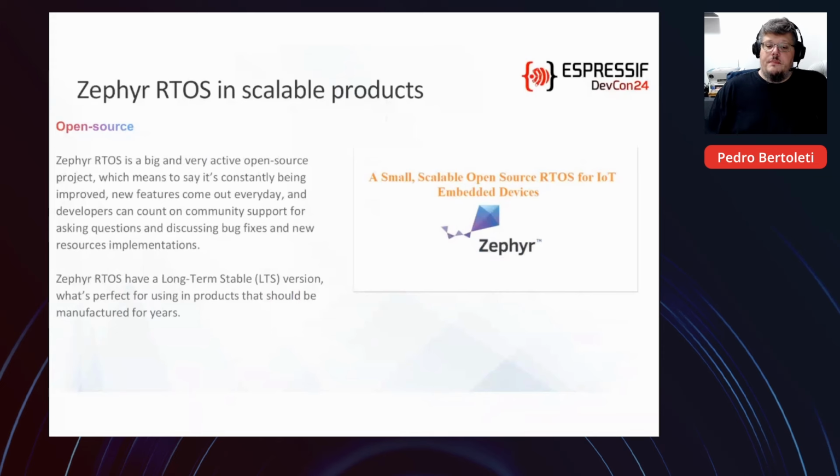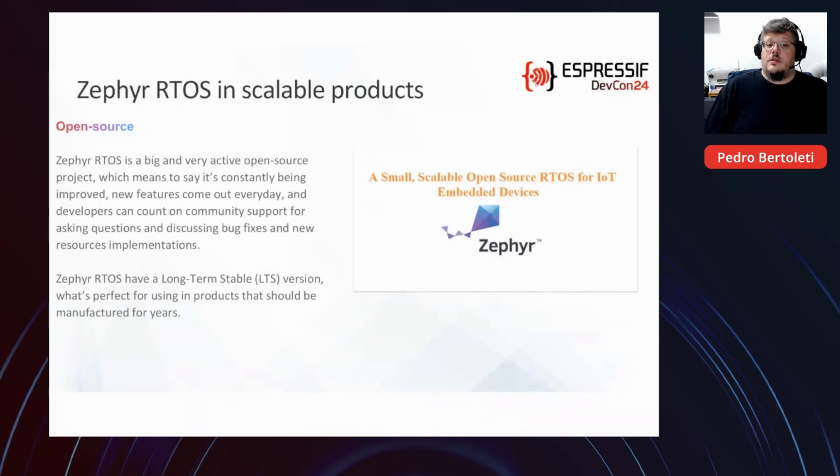Well, the third benefit of using Zephyr RTOS is that it's open source. Zephyr RTOS is a big and very active open source project, as we've seen in the beginning of this presentation. It's a huge project right now, so it's constantly being improved and fixed too, and new features come out every day.